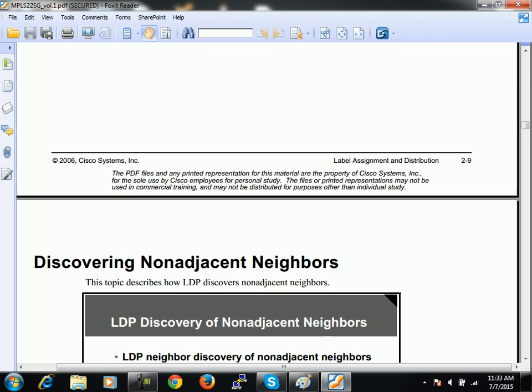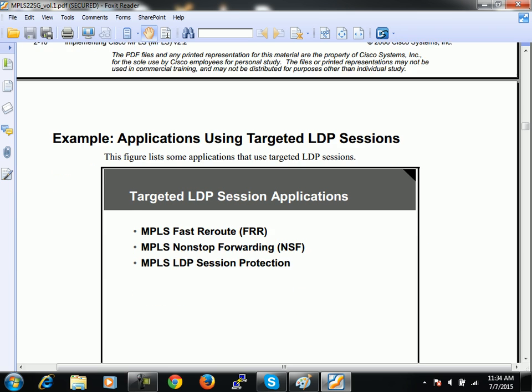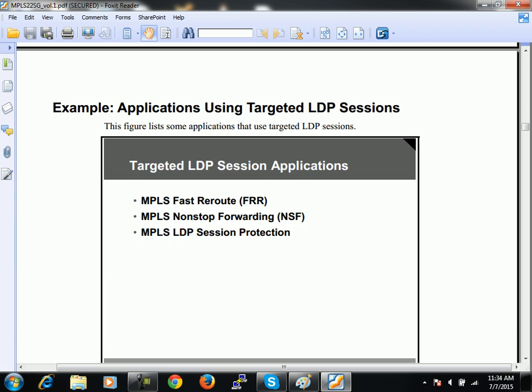In LDP, you can also configure a static neighbor. If you configure your neighbor statically, then your hellos will also be unicasted. I mean, you can also form indirect neighborship for LDP, same as BGP. Where will you use targeted LDP sessions? Means where will you configure static LDP sessions? In which conditions will you need to configure that? If you are going to configure fast reroute FRR in MPLS, or MPLS non-stop forwarding, or MPLS LDP session protection.